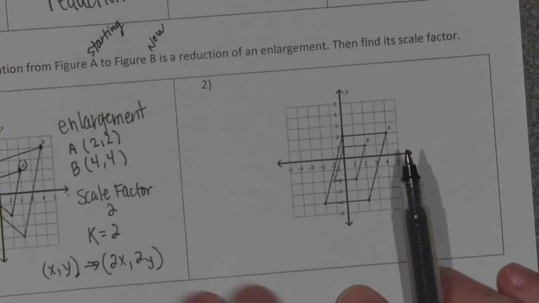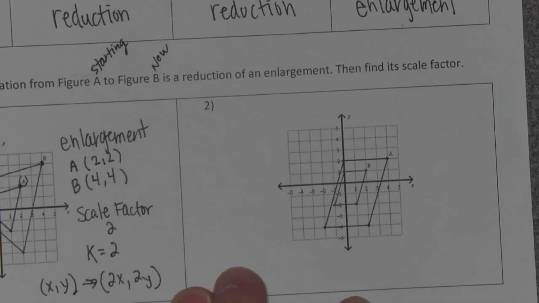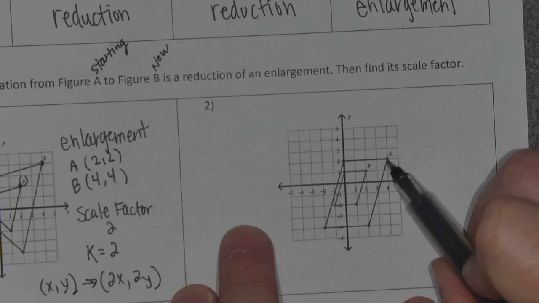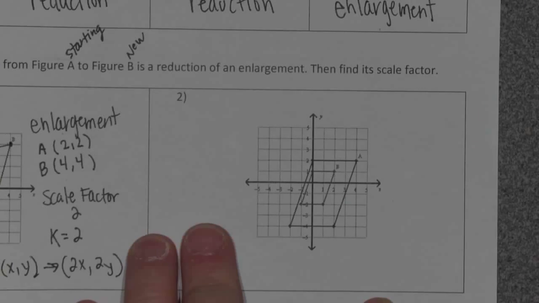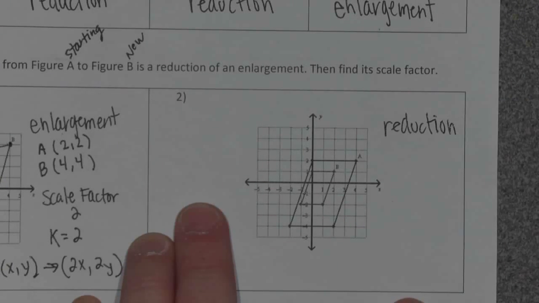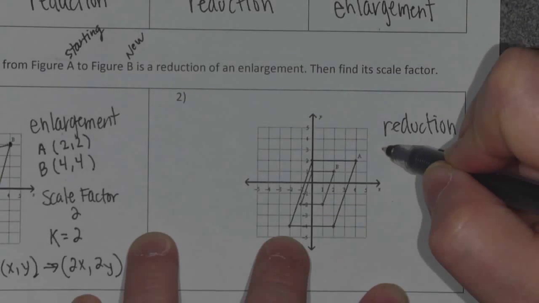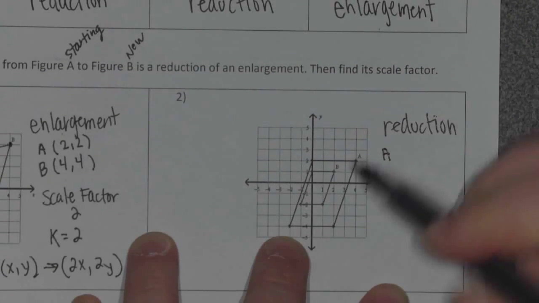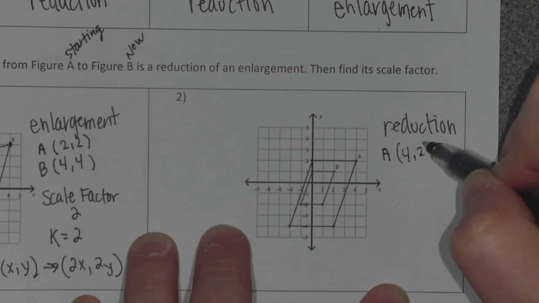All right, so on number 2, figure A was the starting figure. Figure B is the new figure. So from A to B, was it a reduction or an enlargement? Reduction. And then I need to find my scale factor. So let's compare our ordered pairs. So the first one in A starts at the ordered pair 4, 2.